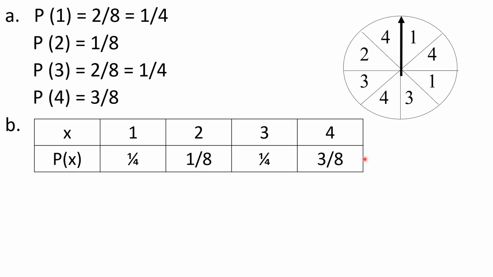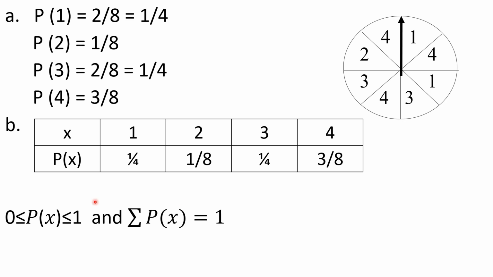Okay, is this a probability distribution or not? Again, a probability distribution satisfies two conditions. The first is that each p of x is between 0 and 1. And it is obvious from this table that each p of x is between 0 and 1. So the first condition is met.